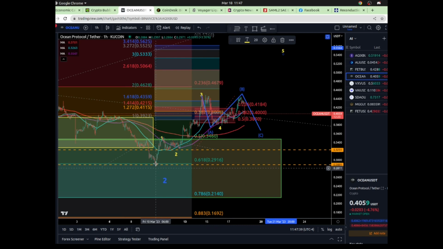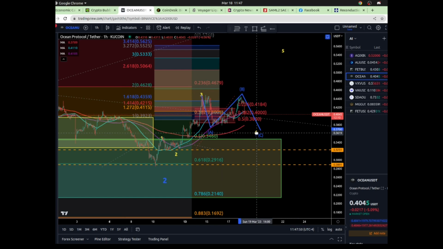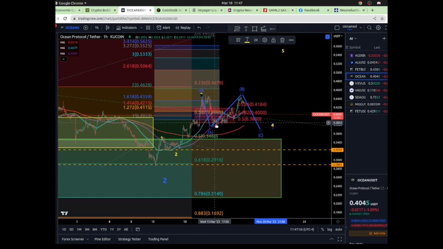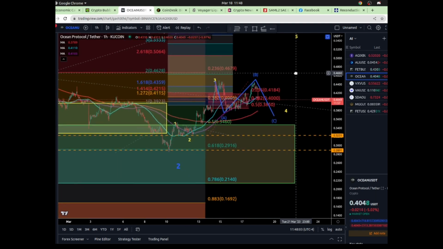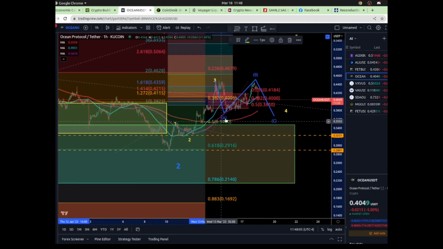I believe personally that we're still doing this wave 4, because anyway the wave 3 was kind of short, so it would be normal to have a larger wave 4. So I'm going to put my wave 4 maybe here, and maybe we're just going to make an A, B, C like so.